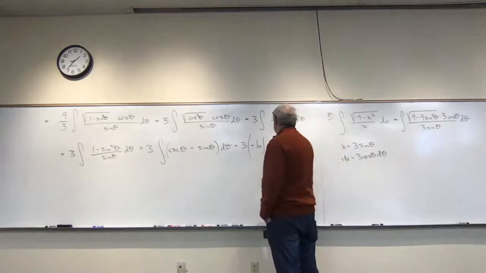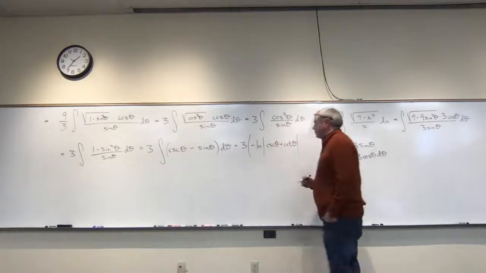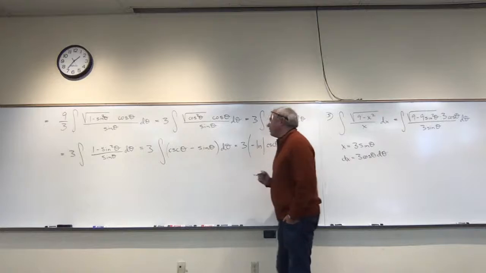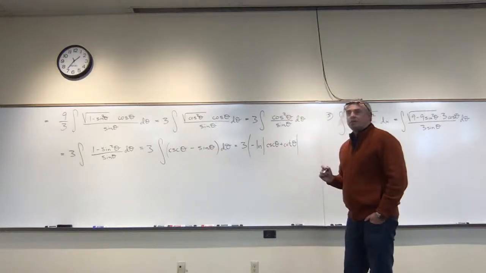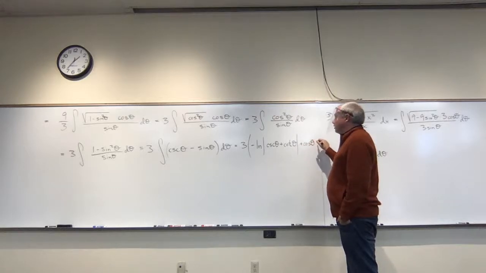Yep, cosecant theta plus cotangent theta. That's right. And then the antiderivative of negative sine of theta is what? Positive cosine of theta. Plus c.